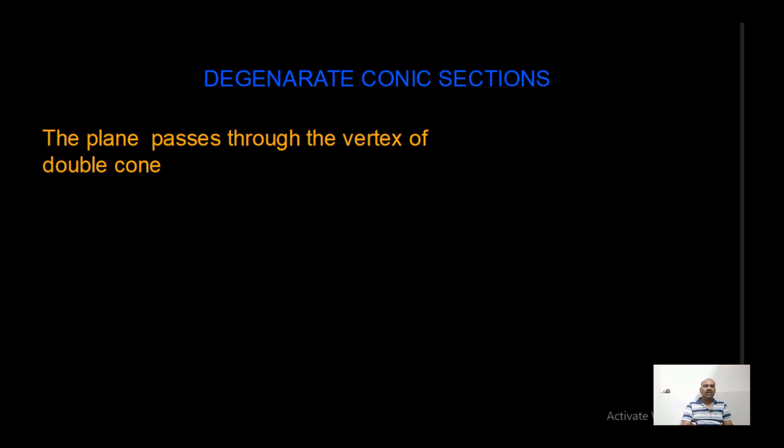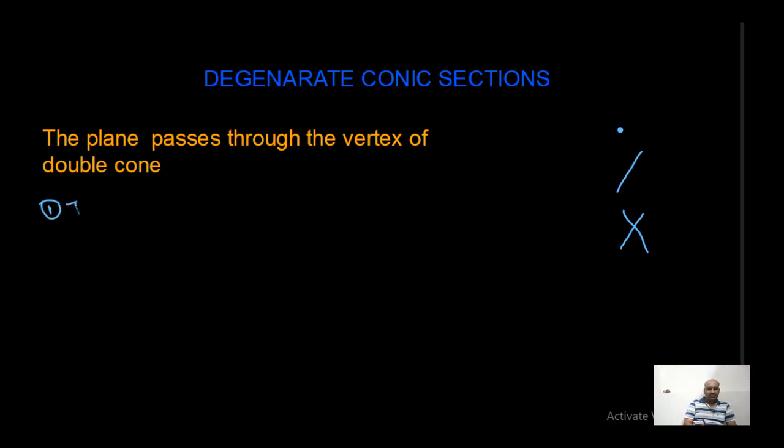Okay students, now I want to explain about degenerate conic sections. The plane passes through the vertex of the double cone. The conic sections so formed are called degenerate conic sections. Actually, degenerate conic sections are a point, a line, and two intersecting lines. Okay, so one by one I will write here.